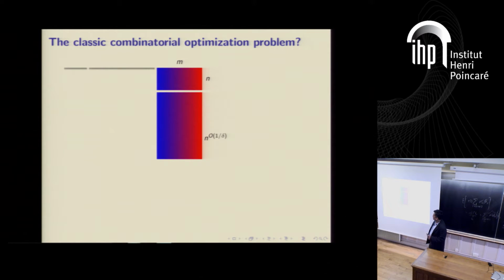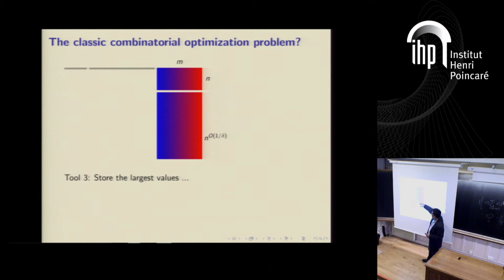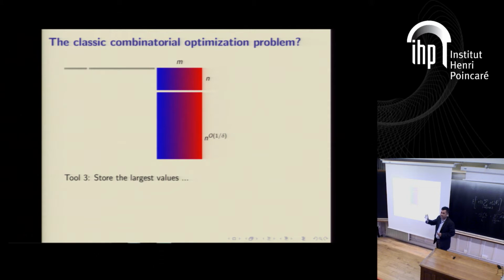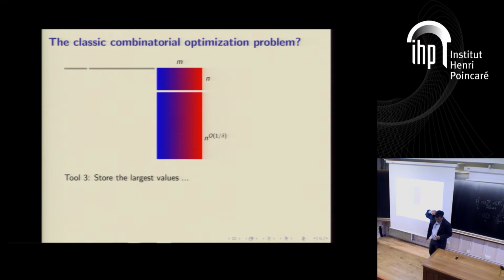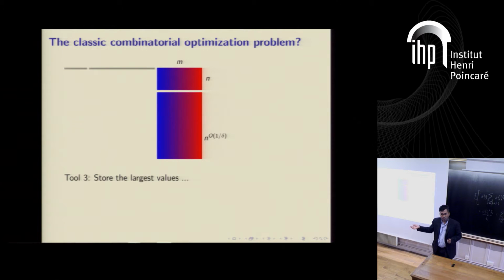I'm going to claim something without a proof. What is fascinating is, and that's the intuition that I look at the violations, if instead of storing all these weights, if I just store the largest weights, that's enough for the algorithm actually. One intuitive proof of that is, how many of you are familiar with the ellipsoid algorithm?